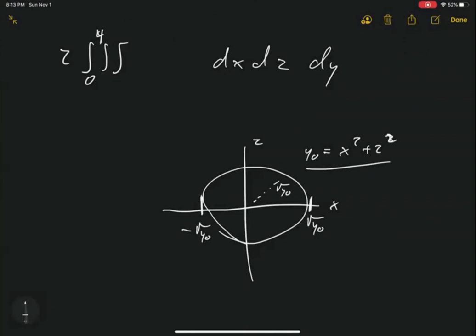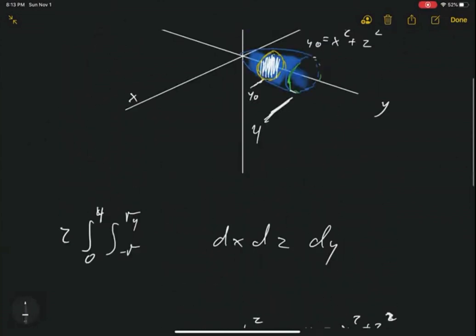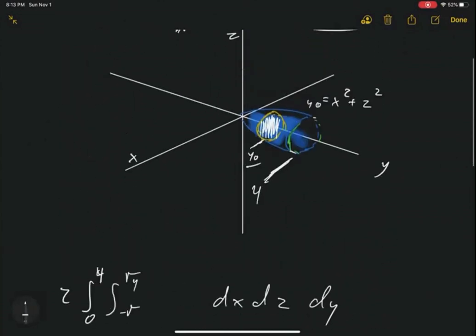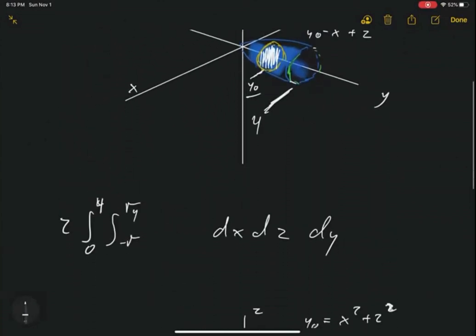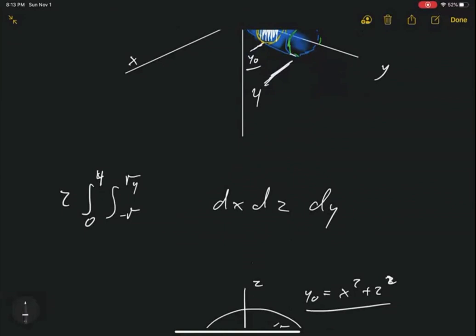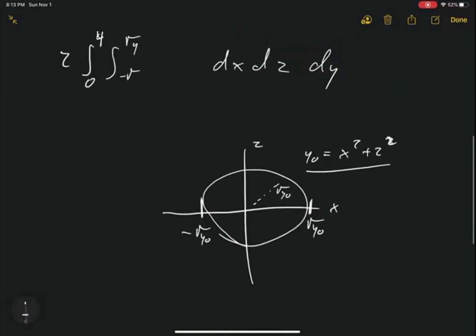Those could be my x bounds. That was for a particular choice of y sub 0, but that's true for all our y values. No matter what circle I draw at what y value, we have these bounds. So I'm going to write negative square root of y to square root of y. It's my x bounds.